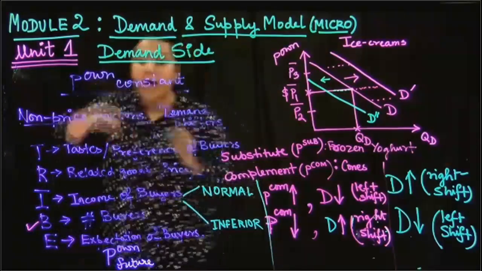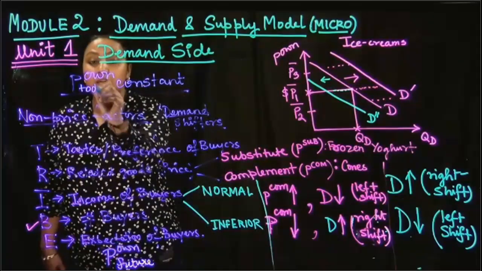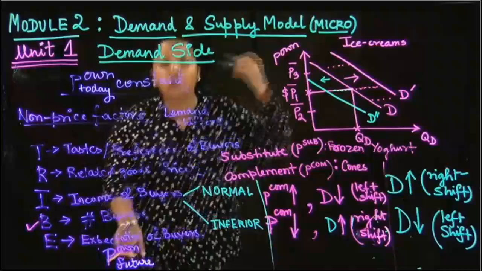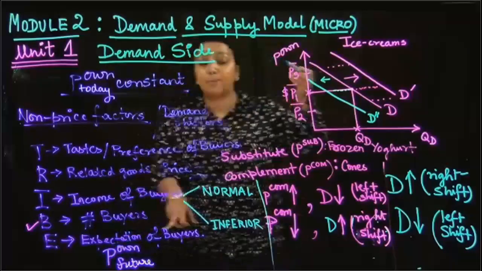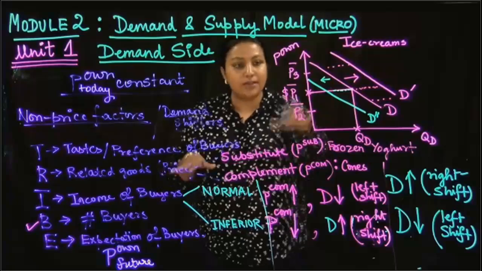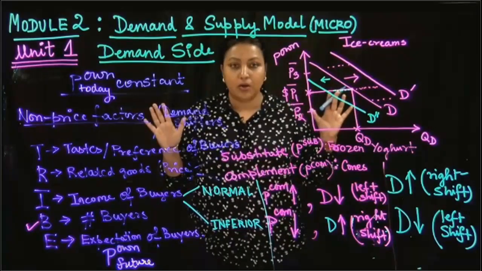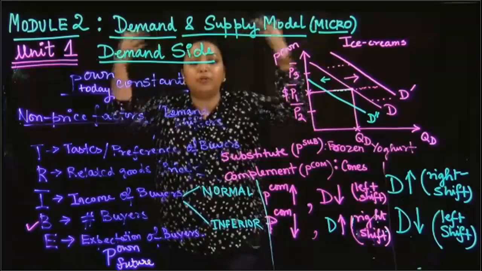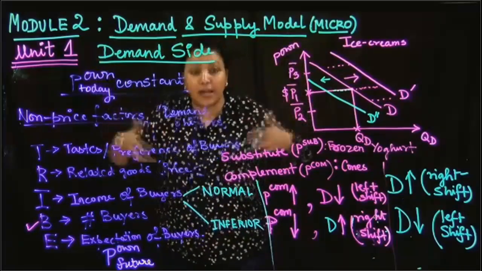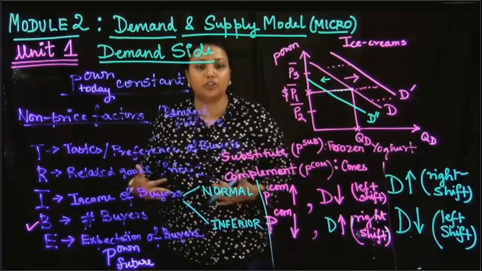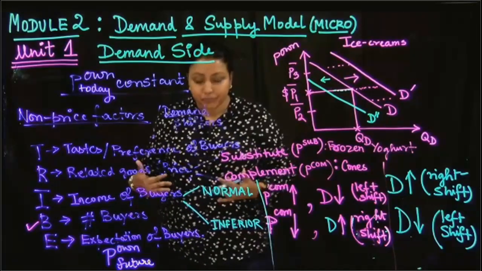The own price today is still constant, but what is changing is the expectation about what is going to happen to the price in future. The price today is constant. It is at $5 maybe, okay? But I am thinking as the buyer, what could happen to the price in the future, and based on that, I am changing my demand decision, my buying decision today, okay?